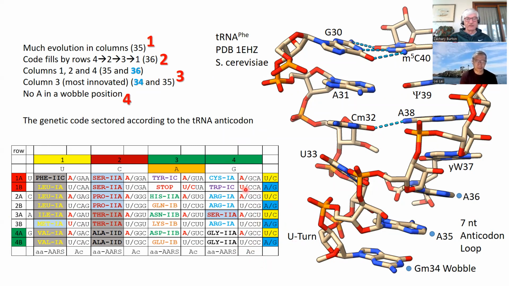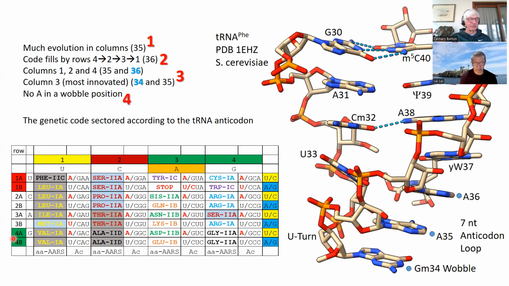In column 4, it's always C. Column 3, it's always U. Column 2, it's always G for 35. Column 1, it's always A for 35. And the 36th position, that's rows. So row 1, 2, 3, and 4. Row 4 is the best row. That's because it's 36C all the way across.